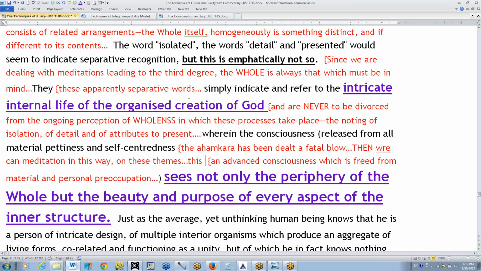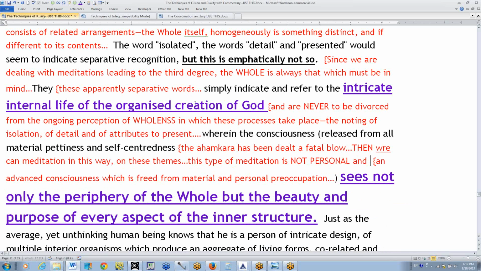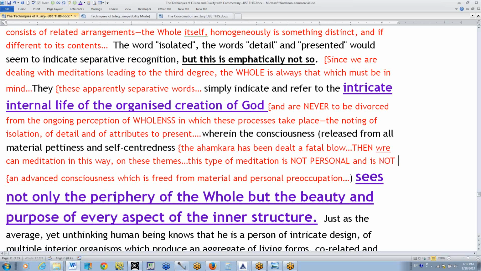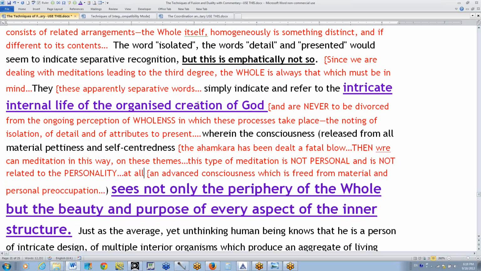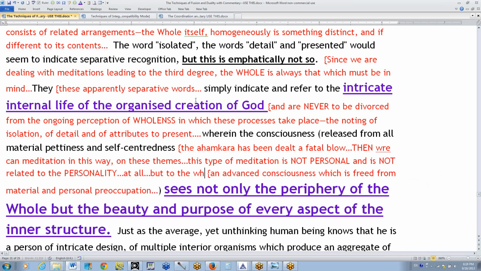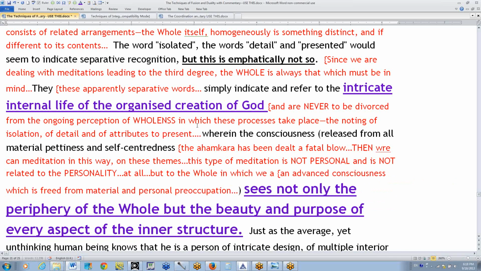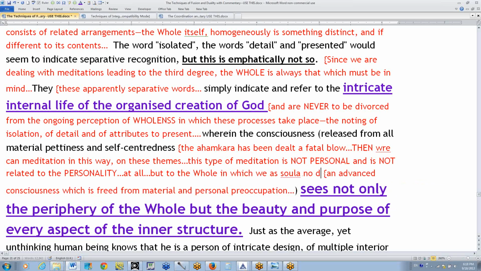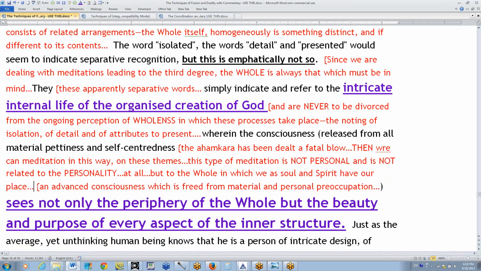And this type of meditation is not personal and is not related to the personality at all, but to the whole, in which we, as souls, well, as souls and spirits, soul and spirit have our place.